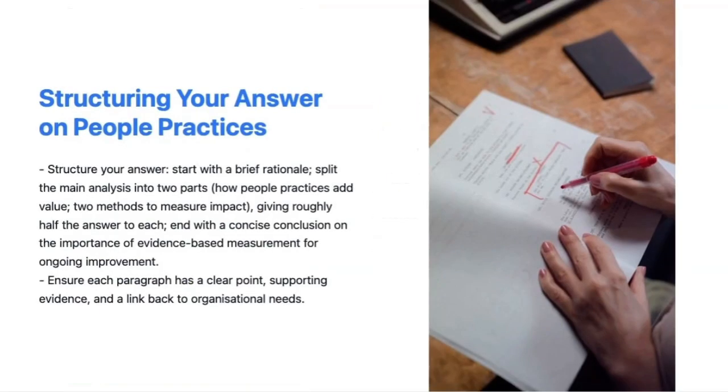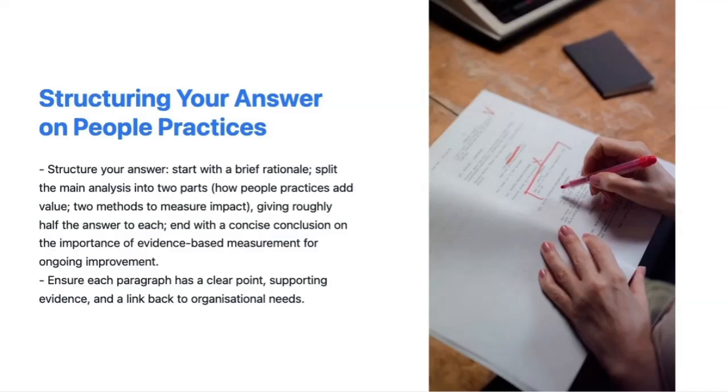When you're planning your answer, here's a structure you can use. Start with a brief rationale. Why do value-added people practices matter for the organization's growth and modernization? Then, split your main analysis into two parts. First, explain how people practices can add value, drawing on both the scenario and any relevant research.